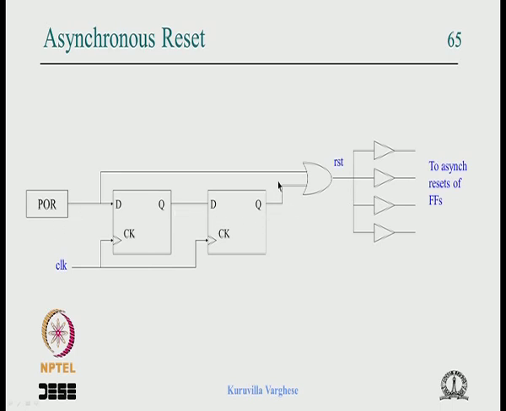This is a synchronized version, but both the leading and trailing edges are synchronized. Now we OR the original reset so that we get the leading edge as it is. It is an ORing of a pulse with a delayed version of the pulse, so you get the leading edge as it is, and the trailing edge is a synchronized version which comes with a worst case latency of two clock periods.